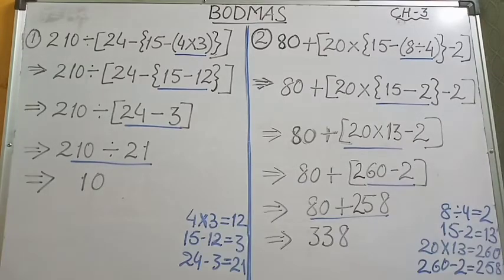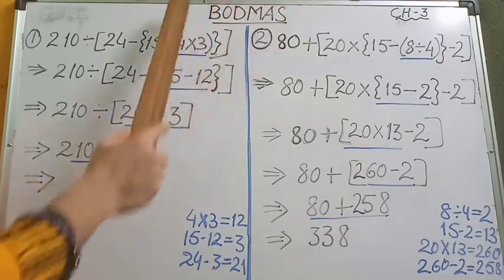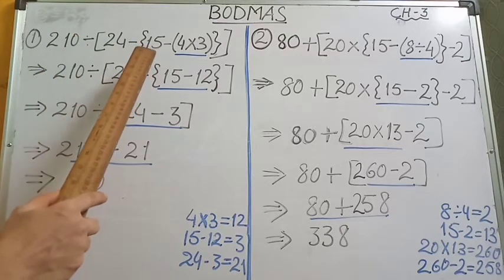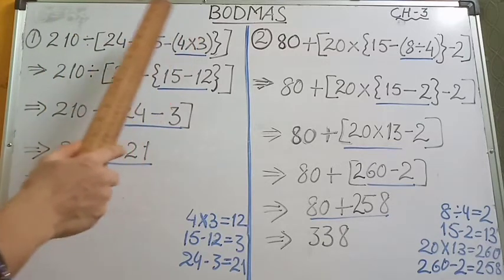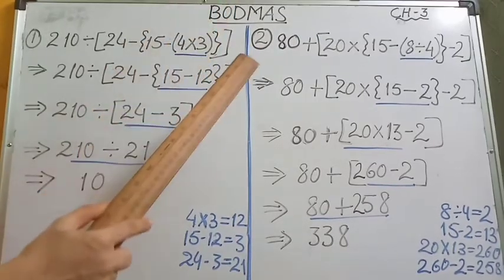So children, we have just learned BODMAS rule, and whenever in an expression two or more operations are given with two or more brackets, then we have to use BODMAS rule. Let's take some examples.